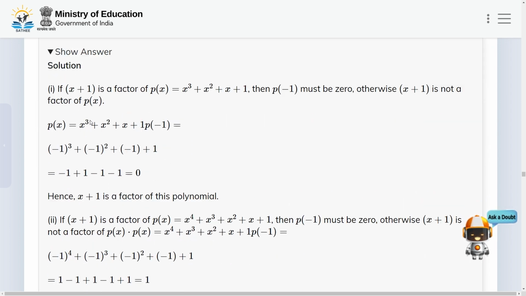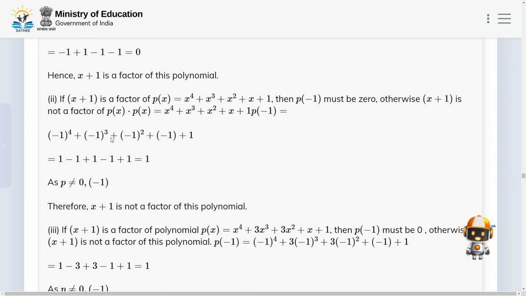Now if x plus 1 is a factor of p of x, then p of minus 1 must be 0. Otherwise, x plus 1 is not a factor of p of x equals x to the power 4 plus x to the power 3 plus x square plus x plus 1.